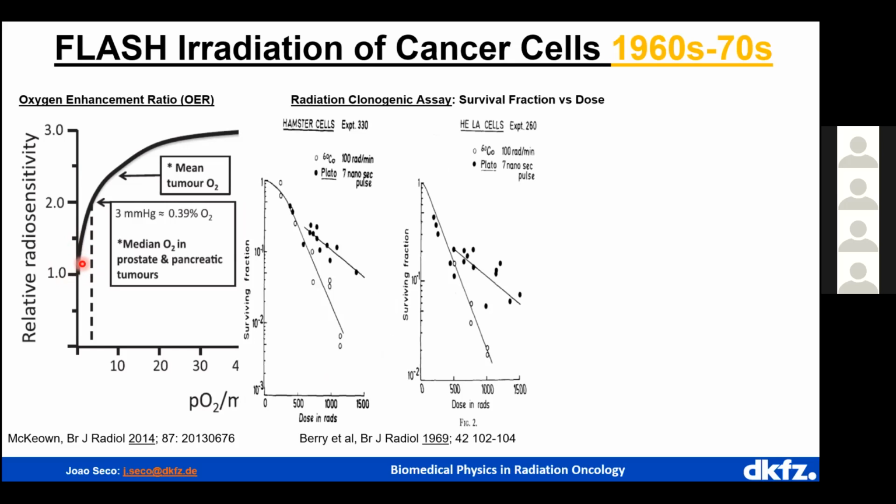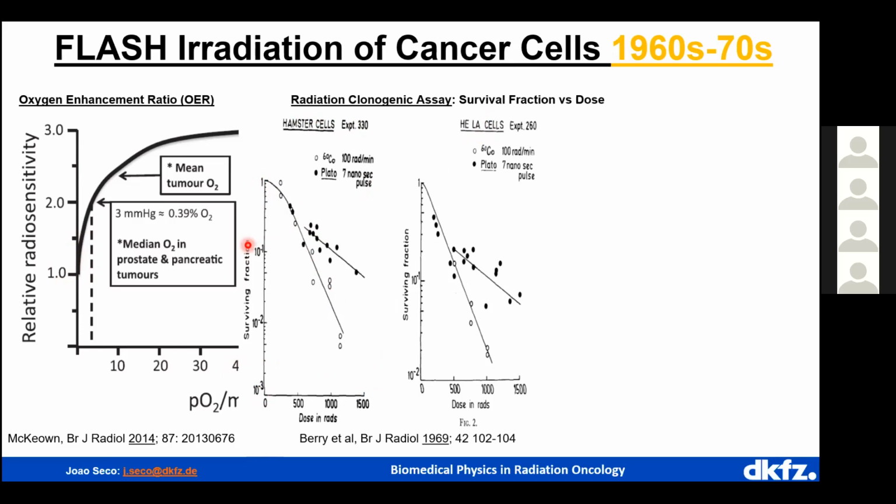The first FLASH study, well, the second one, in 1969, compared radiation effects on cells. They compared both animal cells, hamster and HeLa cells, and found that in the presence of normal radiation, you would get a very high cell kill. This is a so-called clonogenic survival curve, usually given in log scale versus dose.